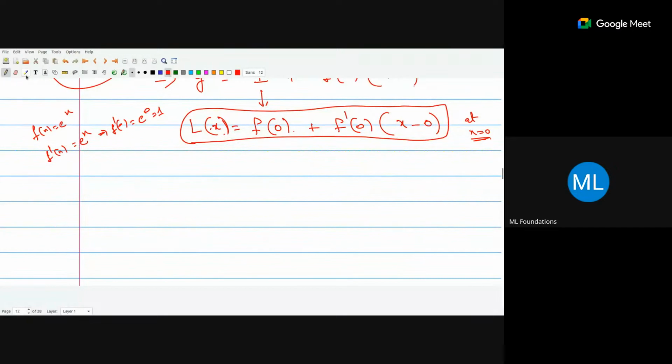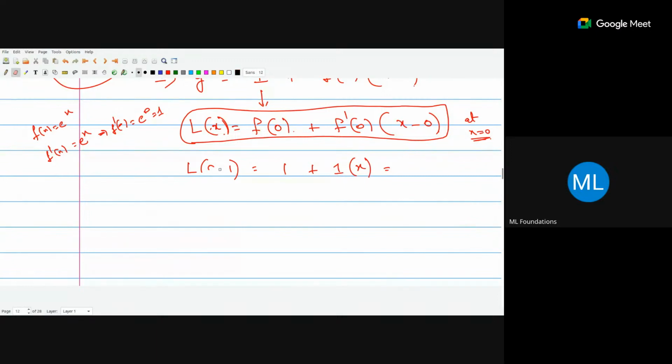Now we are interested in L of 0.01. What is f of 0? 1. Plus f dash of 0, which is 1, times x.